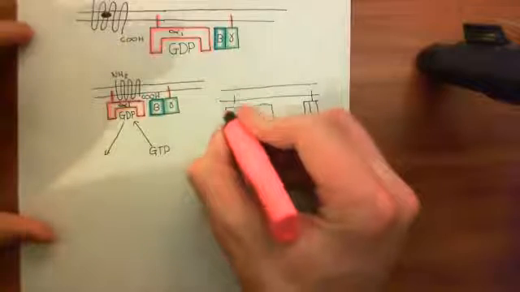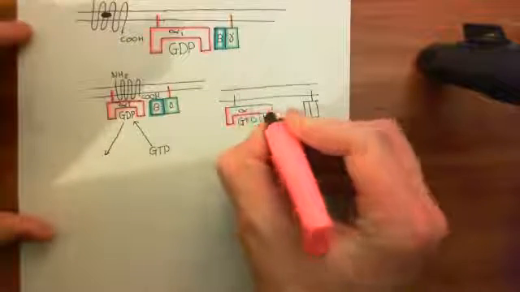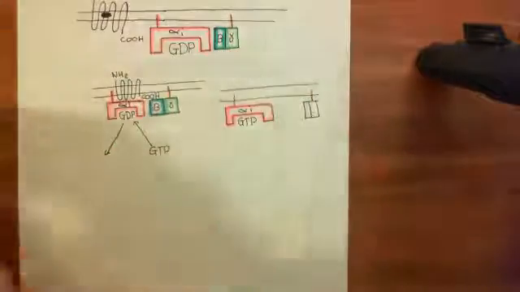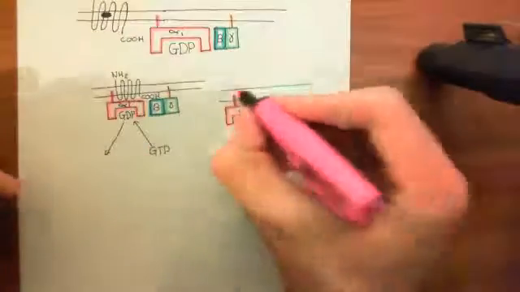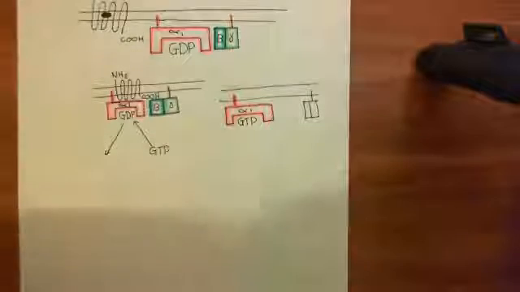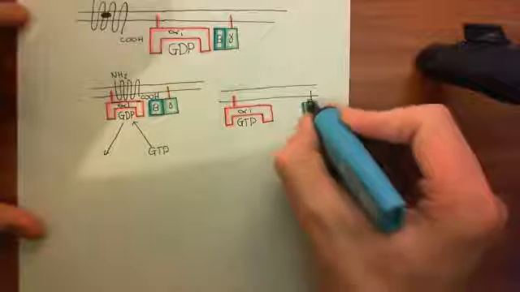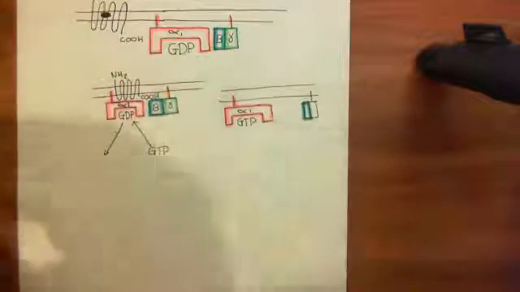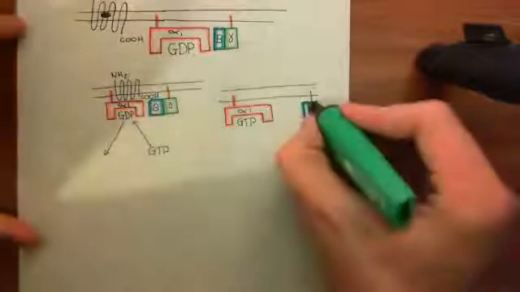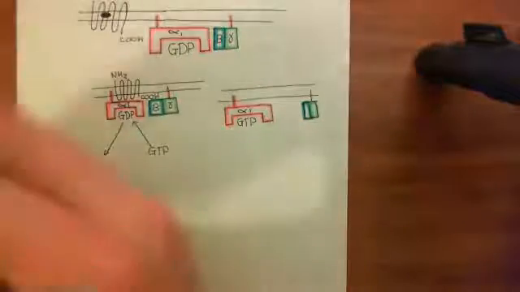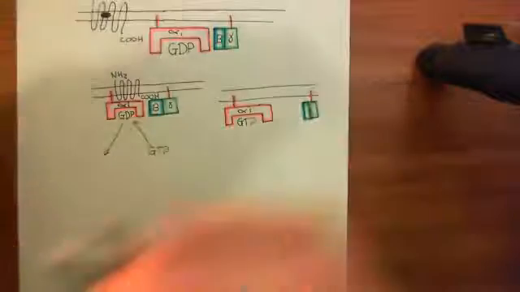So we have alpha I in red here with GTP bound to it. Okay, and it also still has that palmitoyl group, which is latching it into the inner leaflet of the phospholipid bilayer. And then we have the beta-gamma complex here, beta in blue, gamma in green, okay, and the prenyl group in orange here. Okay, right.